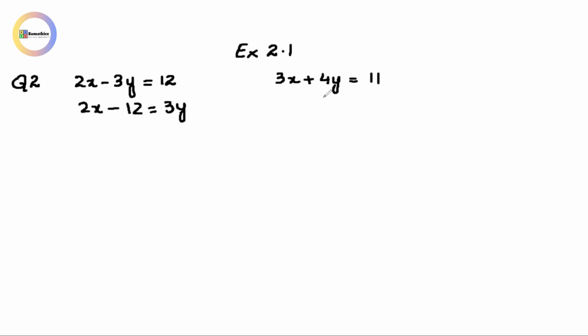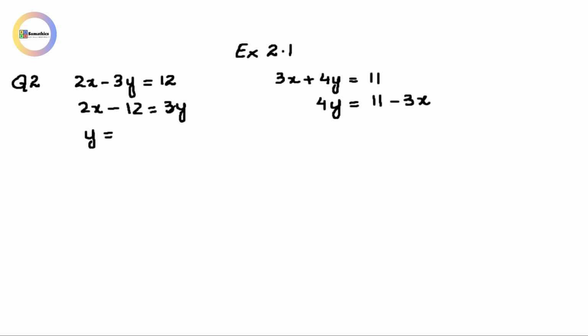In this case, y is already positive, so you don't need to take the y term on that side. You will be taking the x term on that side. Whichever term you take to the other side, the sign of that term is to be changed. So we have here 2x minus 12 is equal to 3y. We can write it as y is equal to 2x minus 12 upon 3.